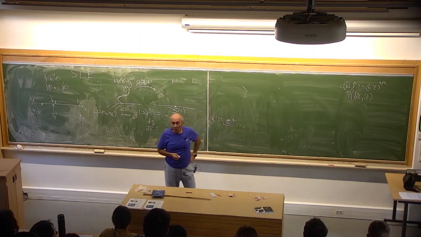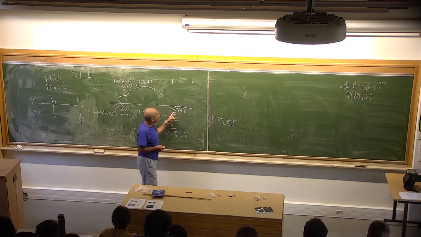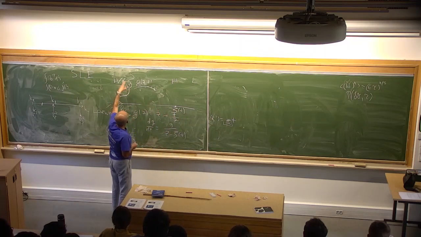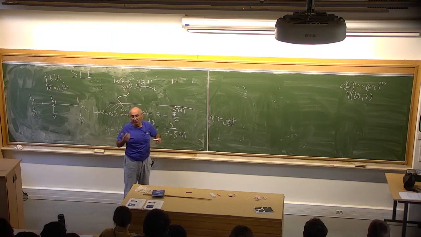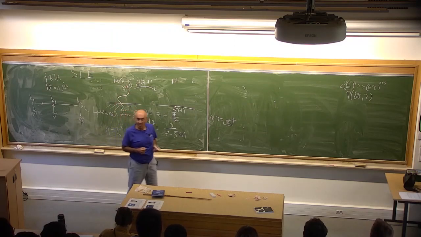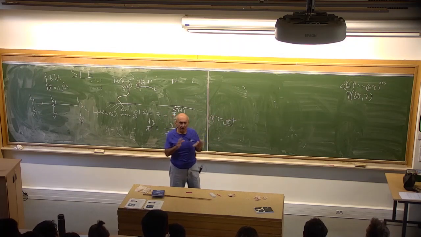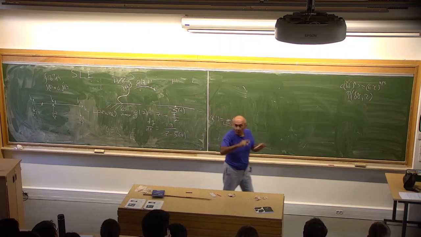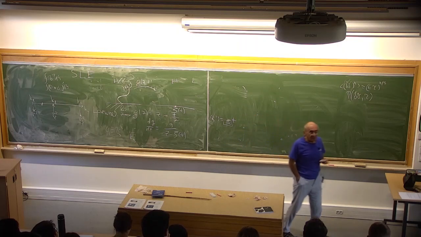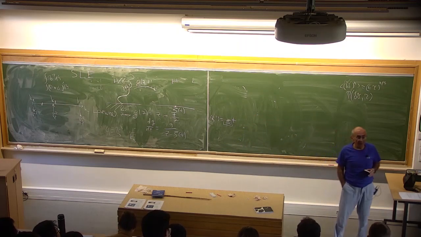But people proved that if this is a Brownian walk, then the statistics of this curve is conformally invariant. Exactly in the sense which I've shown before, that you can compute any probabilities. At this point, it was still mathematics.